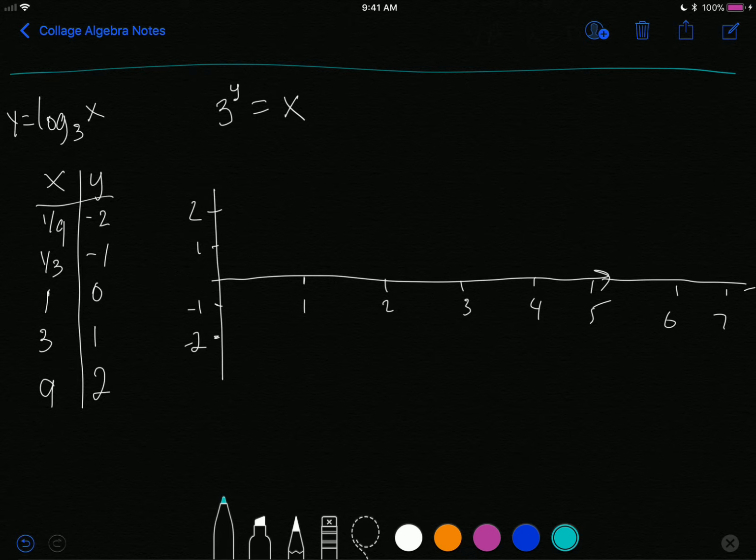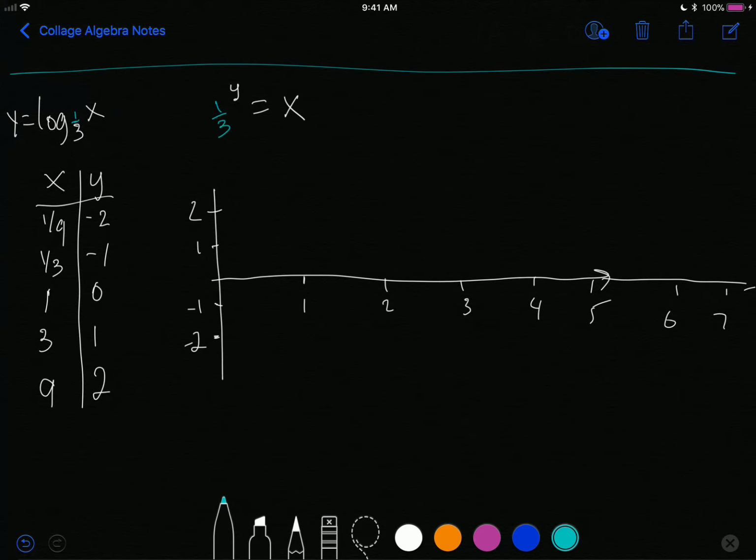And I'm plotting points. Now, oh man, it's the wrong example. I needed to do 1/3. So I gotta go back and redo a little bit of this. Oh man. Well, I guess you got some good practice.